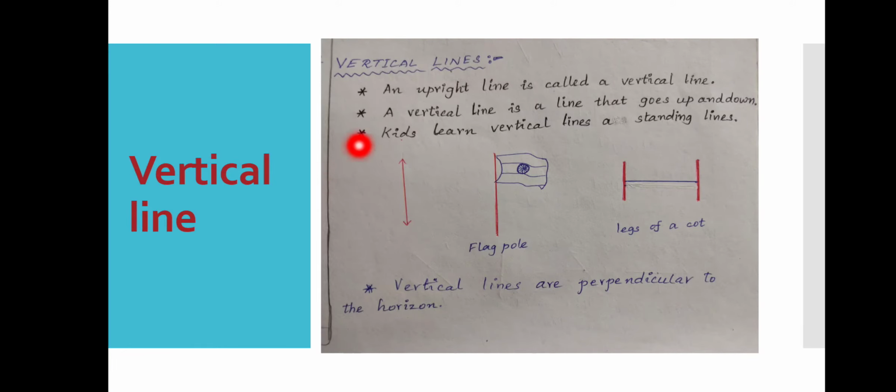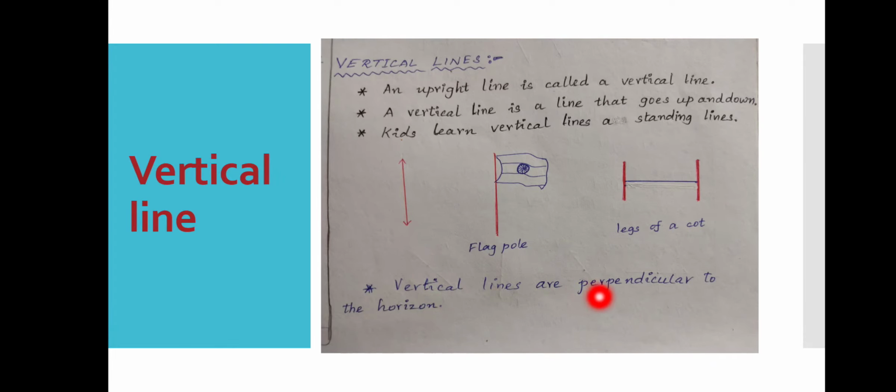Vertical line. An upright line which goes up and down is called a vertical line. Kids learn vertical lines as standing lines. See, we are given some examples.